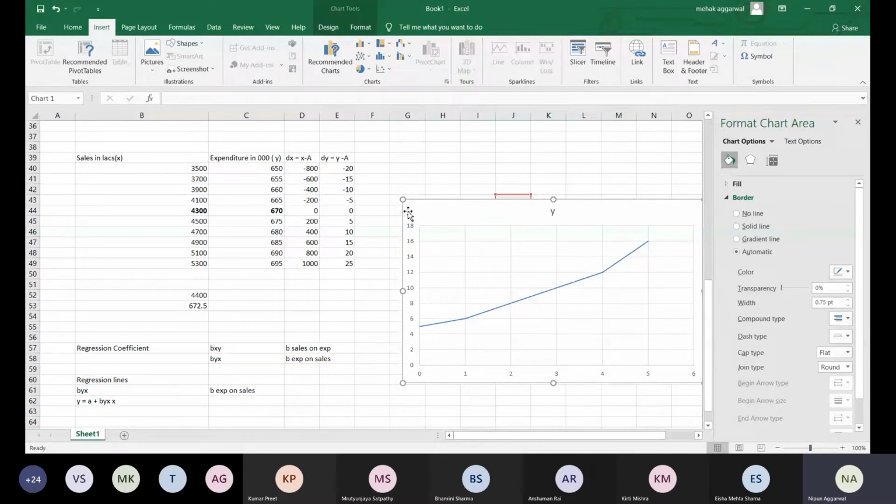So for example, if we take this example only, we have taken the case of expenditure on sales, how the expenditure is dependent on sales. So if there will be no sales, then also there will be some expenditure. If I consider that there will be no sale of the product in the market, then also there will be some expenditure.